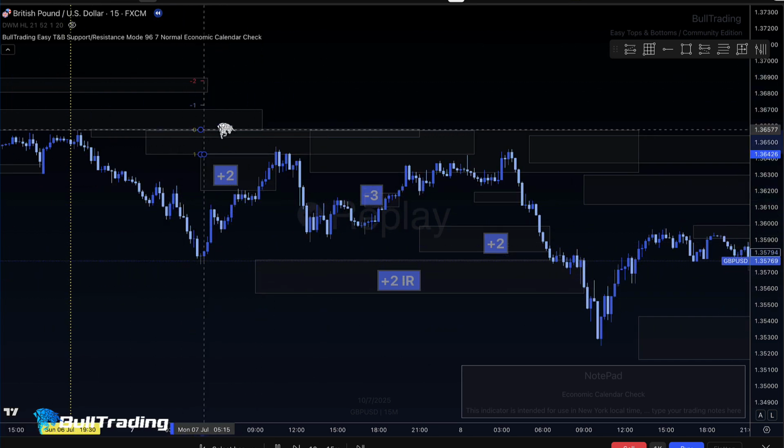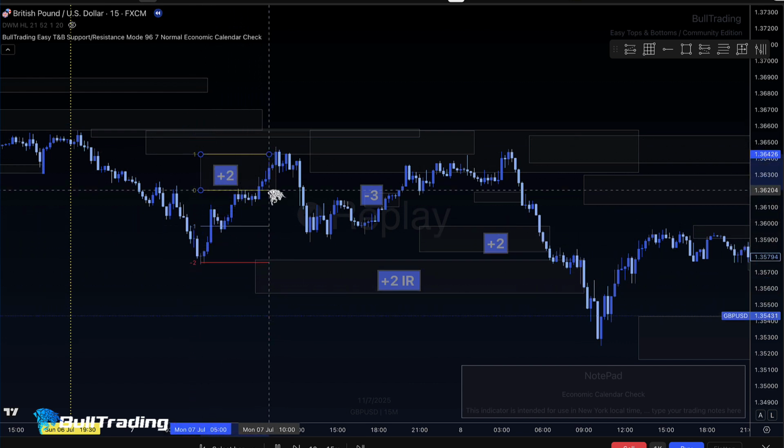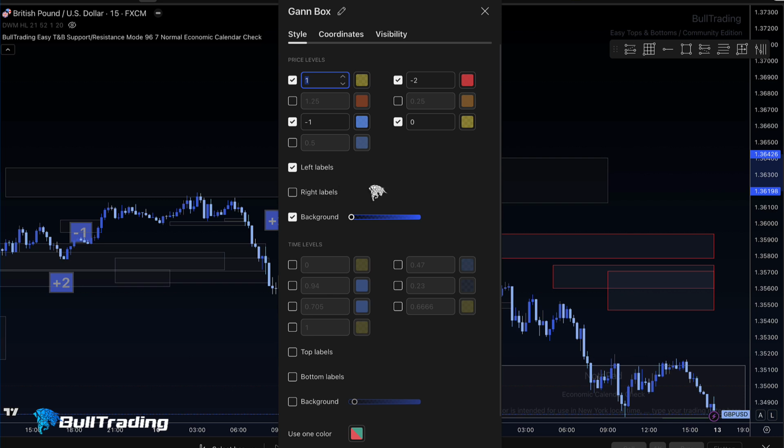With the indicator, I use any drawing tool. You can choose a Fibonacci or you can use a Gann box like this. And just look at this. This is the Gann box, and you will see that I have 1, -1, -2, 0. It's so simple.